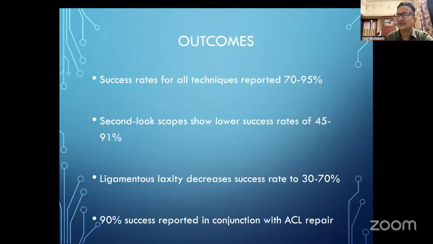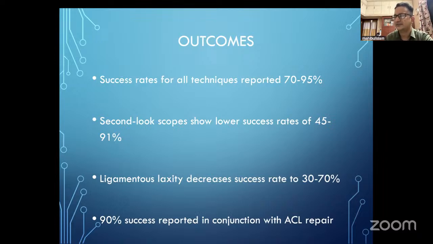Now, meniscus repair has shown a success rate of 70 to 95% across various techniques, reflecting favorable clinical outcome. However, second look arthroscopy often reveals low healing rate, ranging from 45 to 91%. The presence of ligament laxity reduces success, with reported rate dropping to about 30 to 70% due to instability affecting healing.